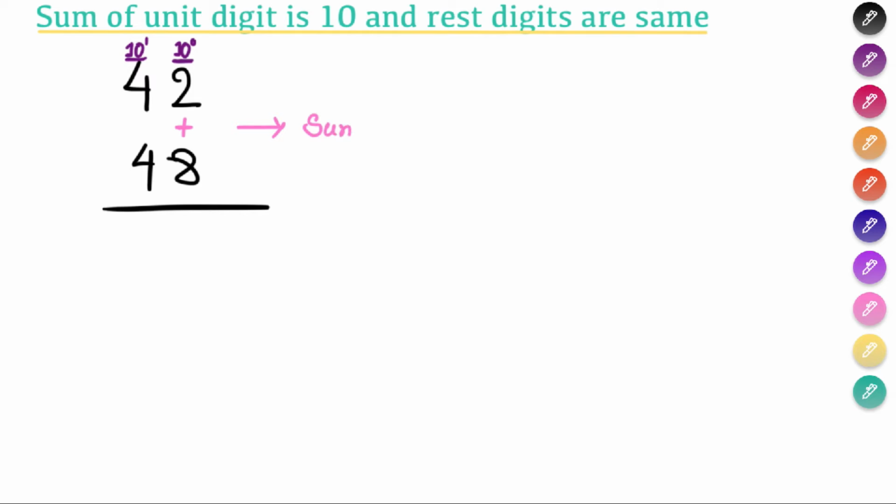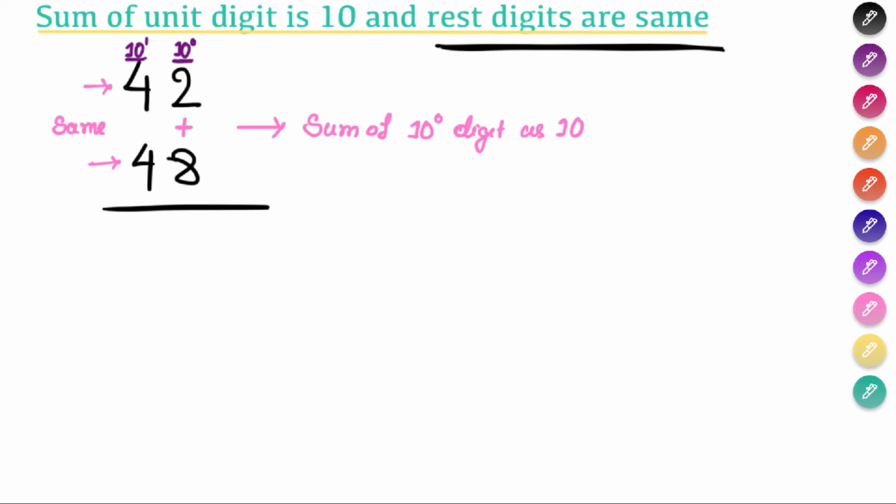Here we have the sum of unit digit as 10. So that is the first condition and it is met. Then the second condition is the rest digits are same. As you can see over here, the rest digits are also same. Hence the condition is met.